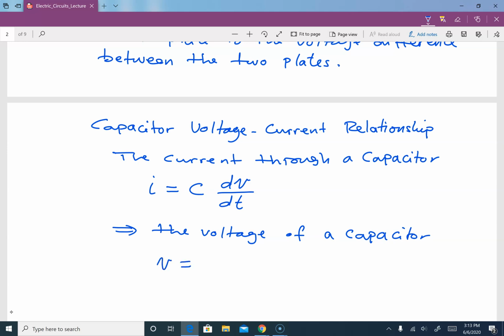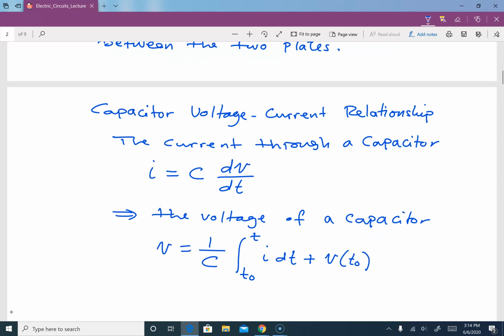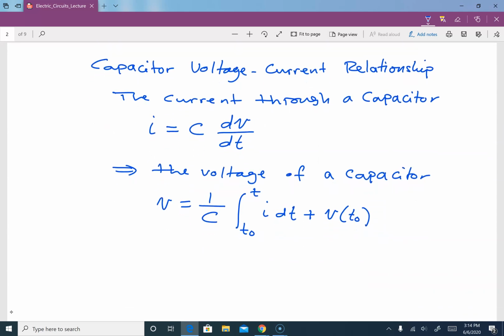So V is equal to 1 over C. The integral goes from an arbitrary initial time to a final time of I dt plus V of t naught. This over here, that is what we call the initial condition.